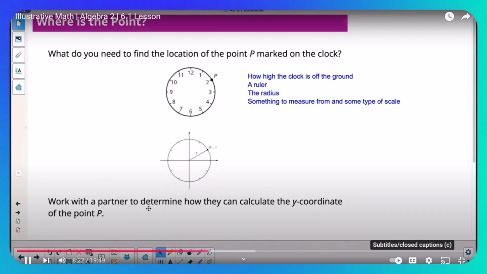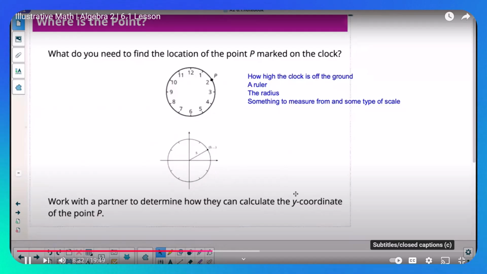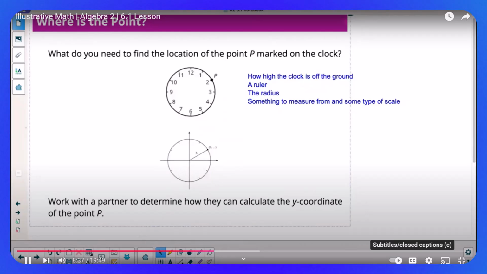All right. Work with your partner to determine how they can calculate the y-coordinate of point P. So the radius is 4. We know the x-coordinate is 3. Let's see here. Can I draw a triangle here?